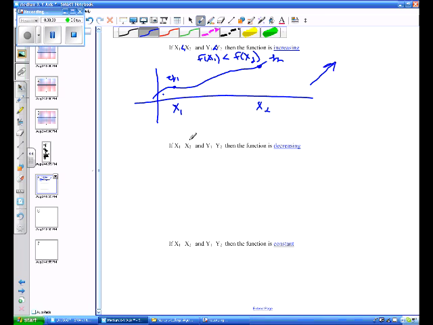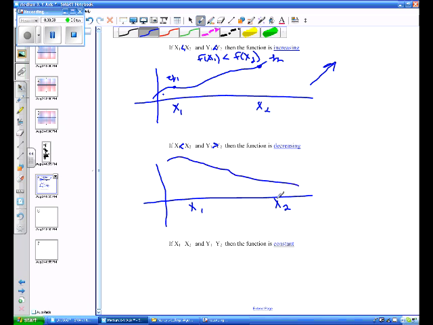Okay, if x sub 1 is less than x sub 2, and y sub 1 is greater than y sub 2. Okay, what we're saying here is this is our x sub 1 and our x sub 2, but our y values are getting smaller.